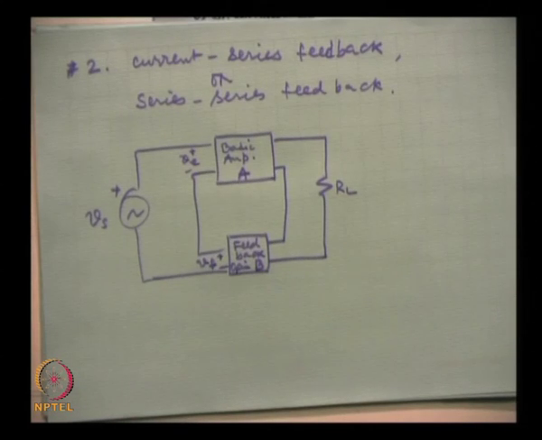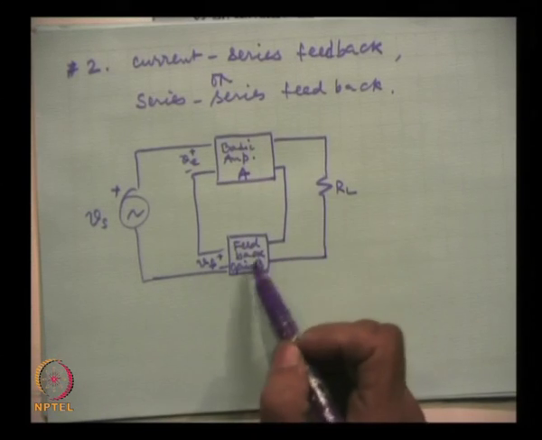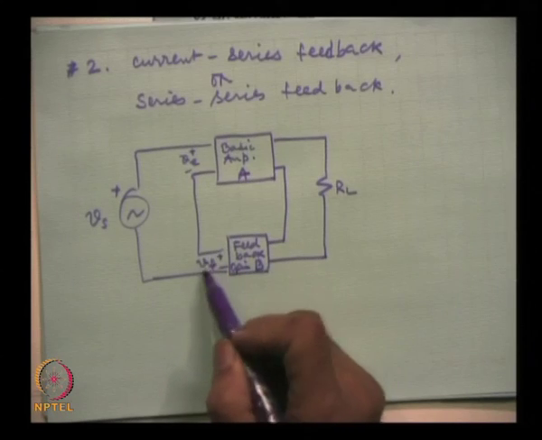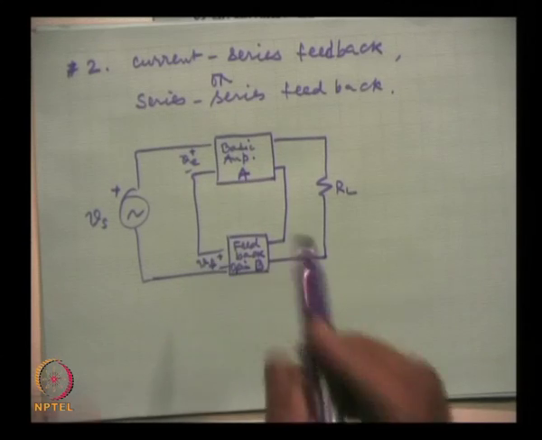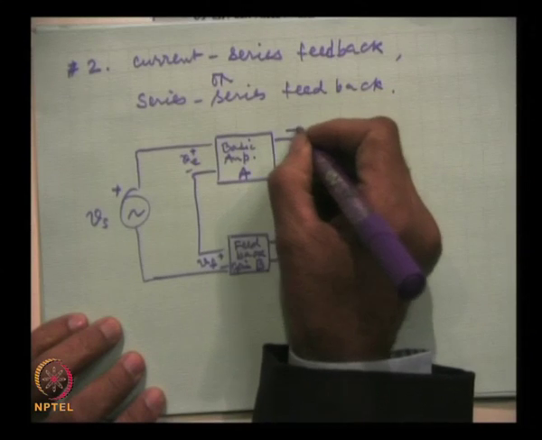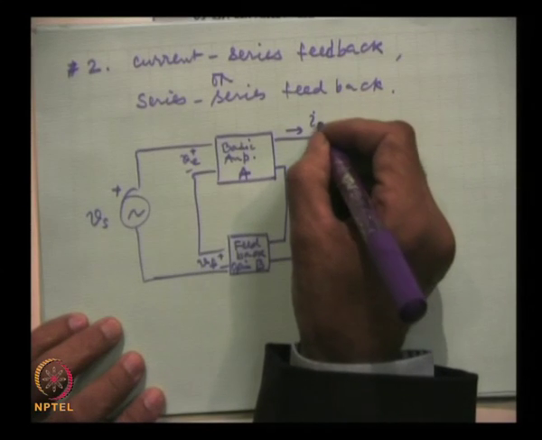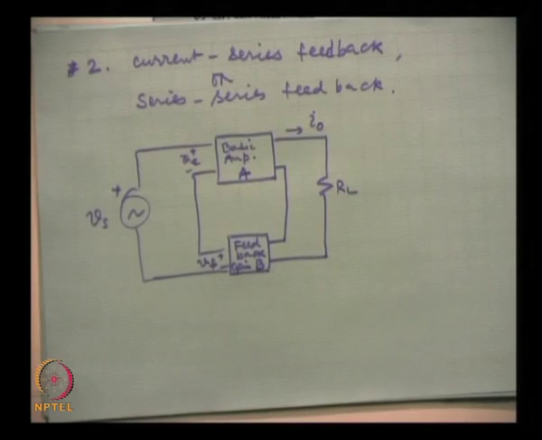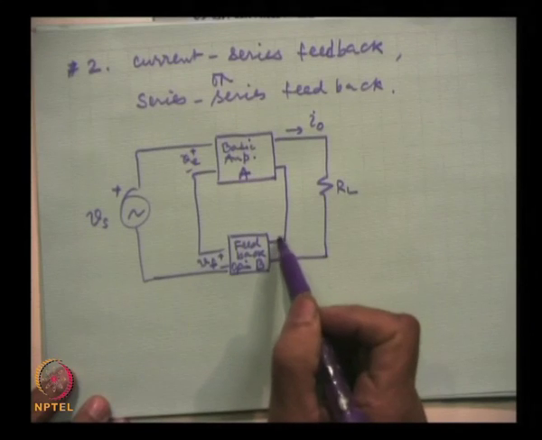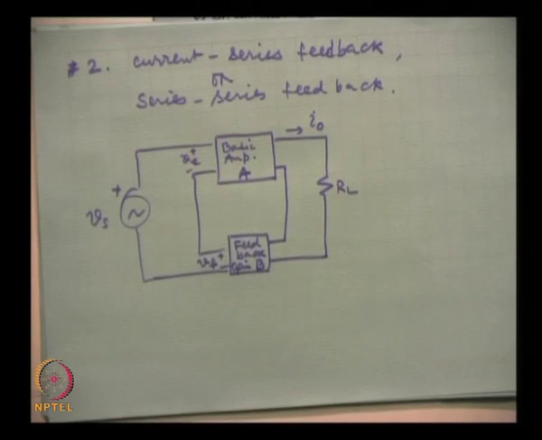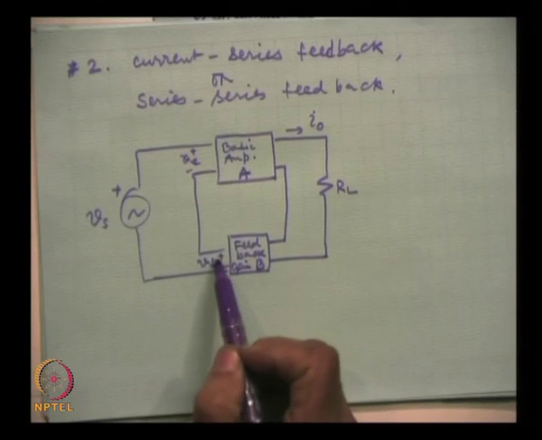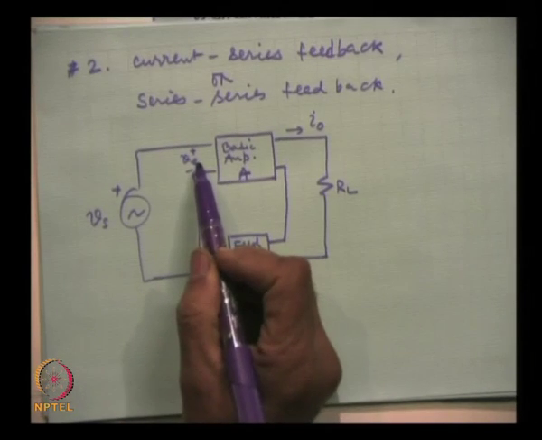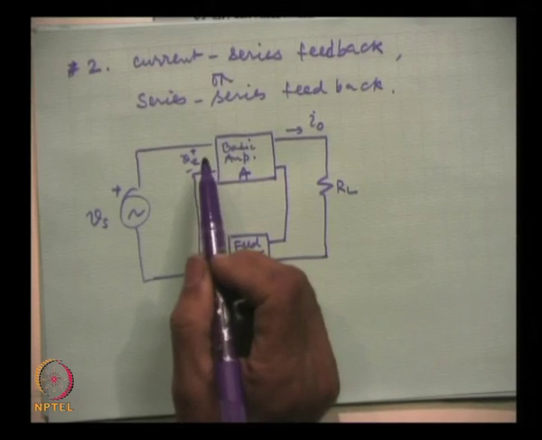So, this is the current series feedback. Why do we call it current series? Because the voltage which we are feeding back will vary in proportion to the output current I 0. This current, when it flows through this feedback network, will generate a voltage which becomes part of the input, and hence the negative feedback.